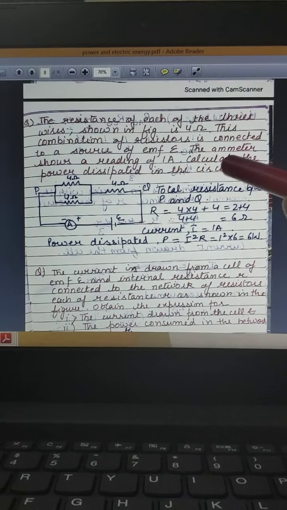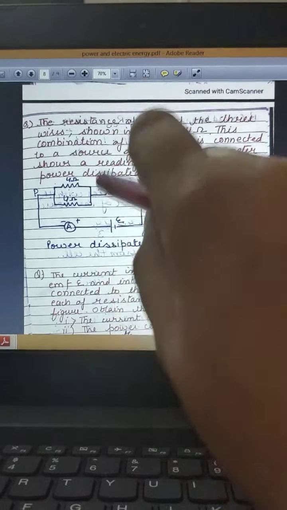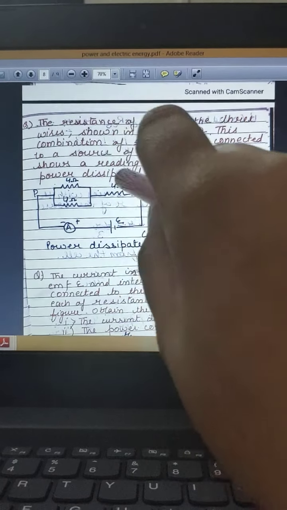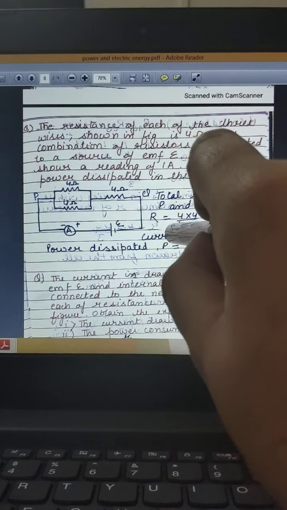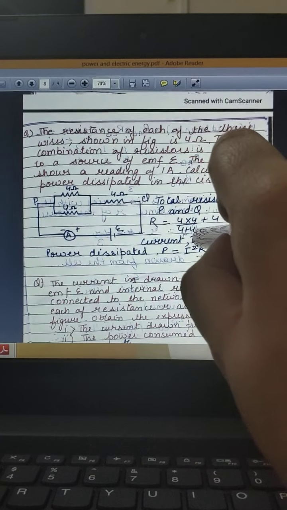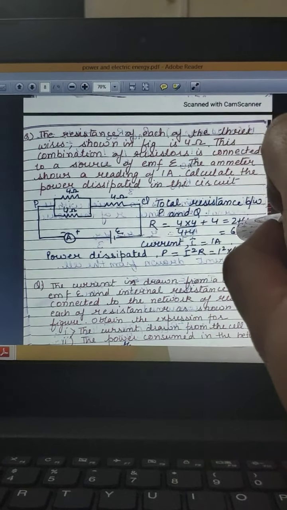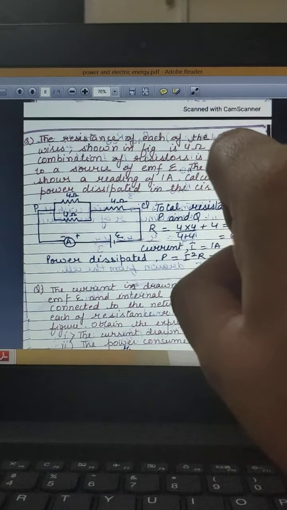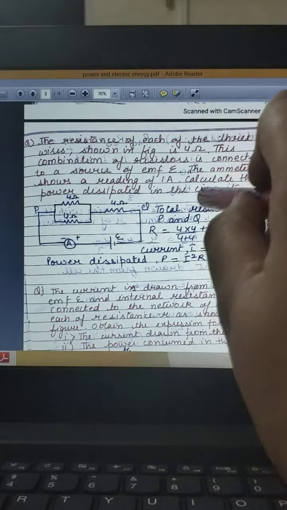So first of all, let us see. We will find out the total resistance of the circuit. 4 and 4, these are in parallel, and this 4 is in series. So total resistance R will be equal to 4 into 4 upon 4 plus 4, that is R1 R2 upon R1 plus R2, plus R3. So it comes out to be 6 ohms, and current is given to you, that is 1 ampere. So power dissipated, what do you have to find out?